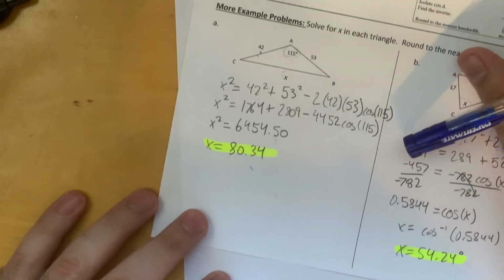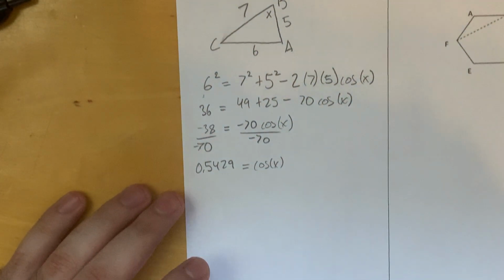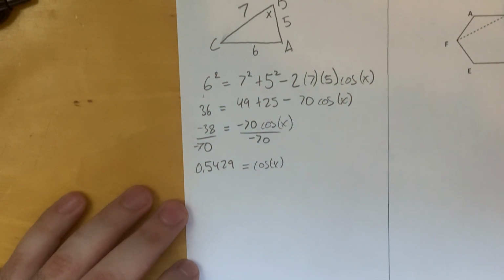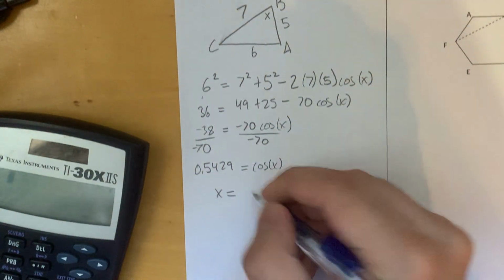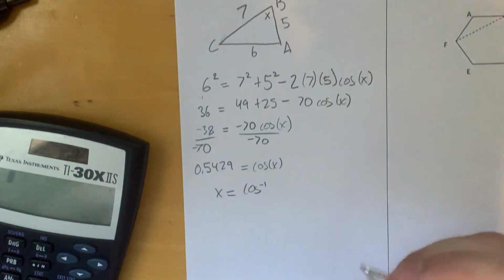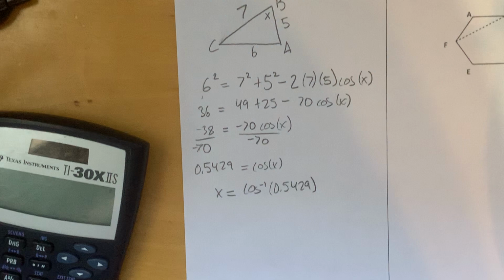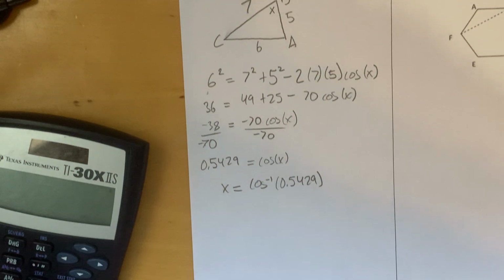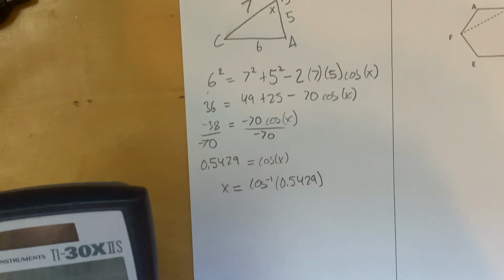So it should be around 54 degrees. But I'm assuming it's going to be different. It should be a little different. So that's the way I'm going to plug it into the calculator. Cosine inverse, 0.5429.